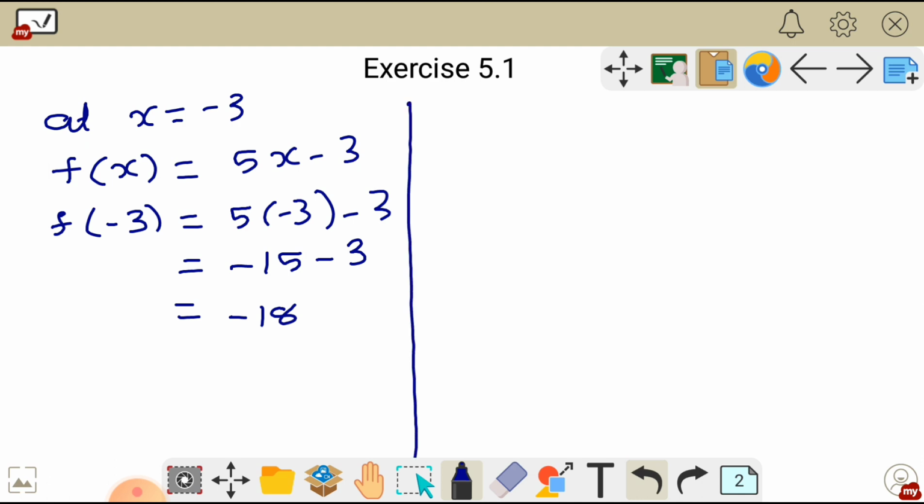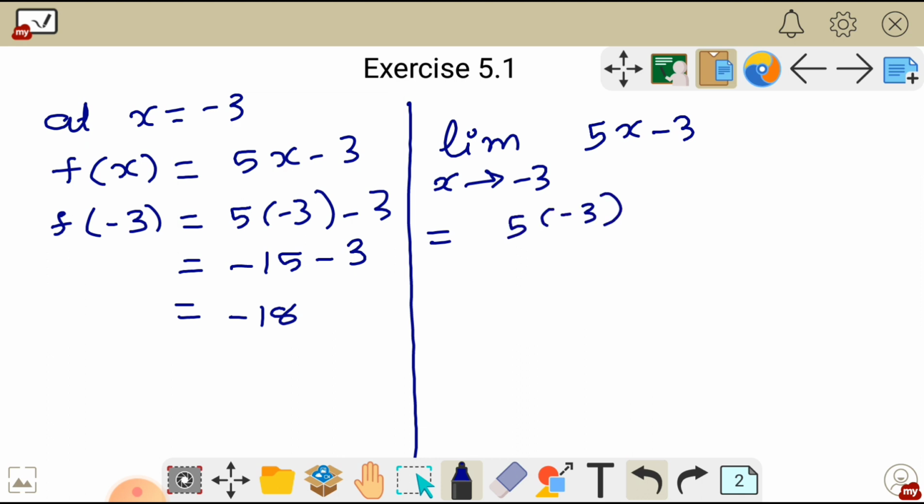Now let us find the limit of this function. So the limit as x tends to minus 3 of f of x is 5x minus 3, so I am writing 5x minus 3 directly here, which equals 5 in the bracket minus 3 minus 3.